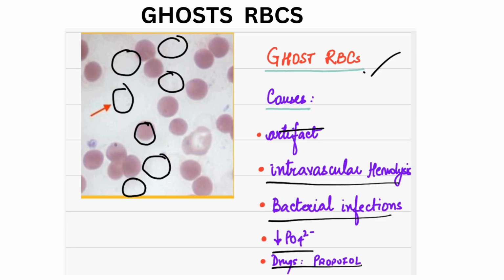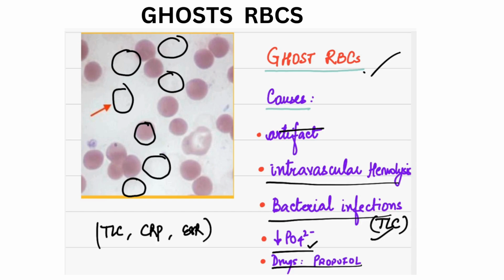Okay, then bacterial infections correlate with TLC. If there is a bacterial infection, then TLC must be increased. There must be something in neutrophils or anything, something like CRP, TLC, ESR, something will be there which will correlate with bacterial infection.